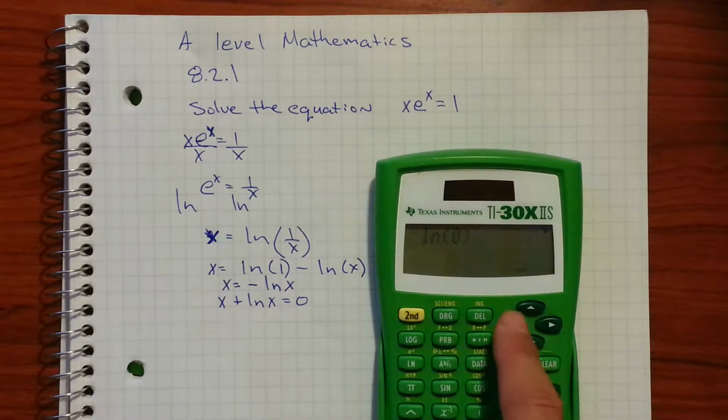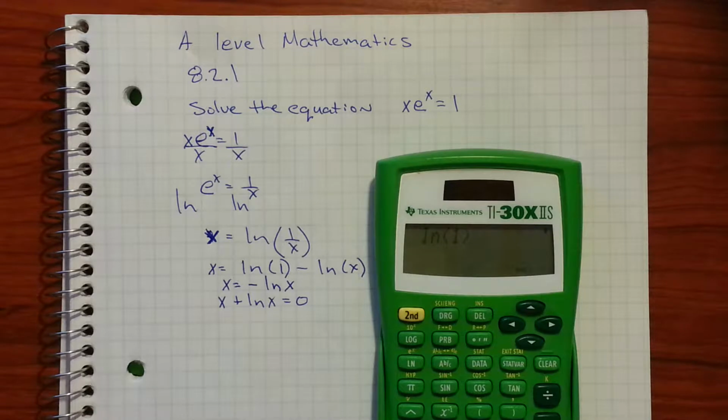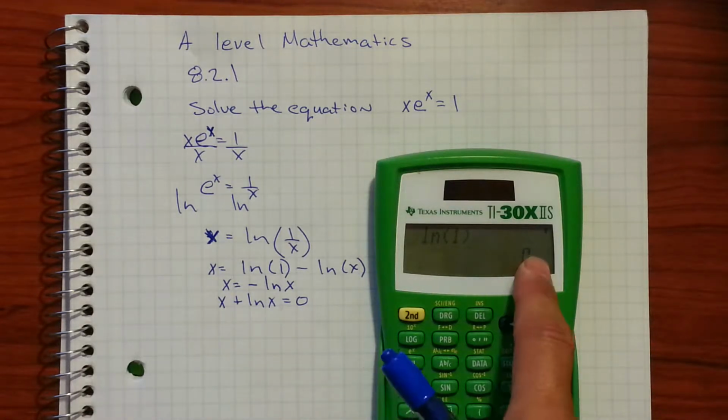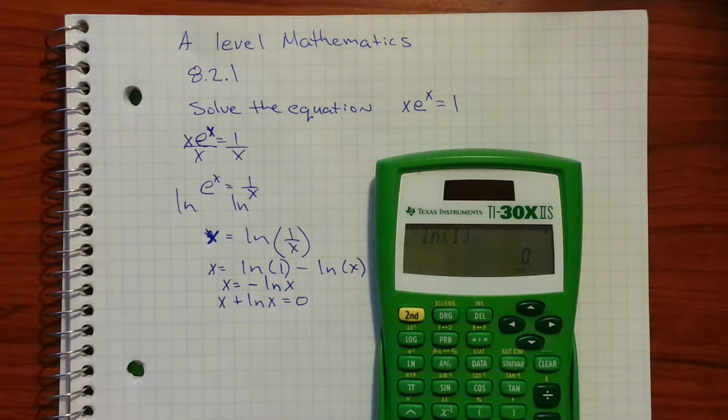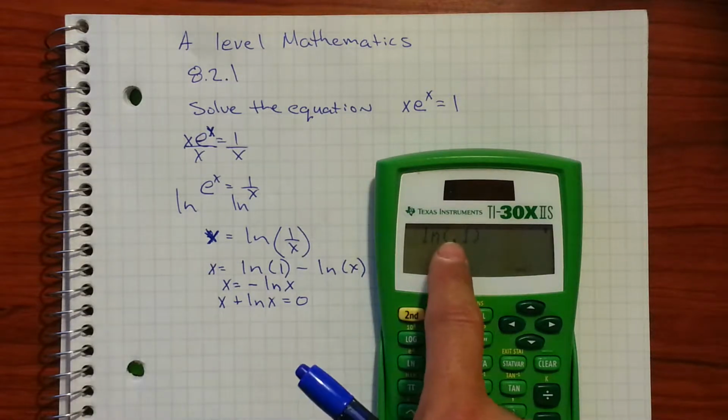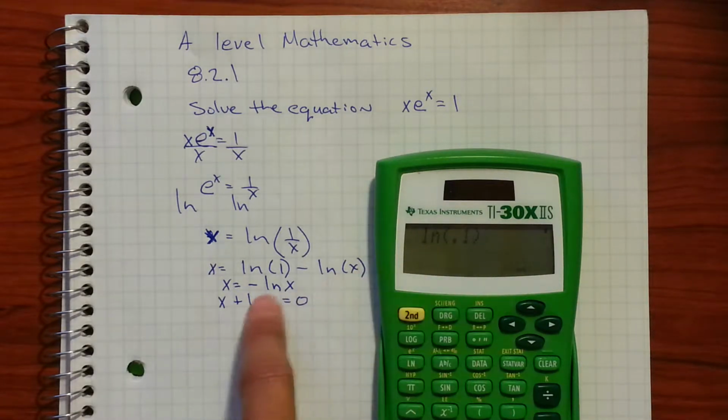But ln 1 is going to give me 0. And if I do ln of, let's say, 0.1, that's between 0 and 1, because 0 gives me undefined and 1 gives me 0.